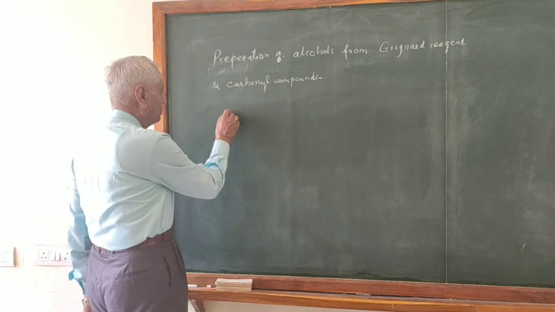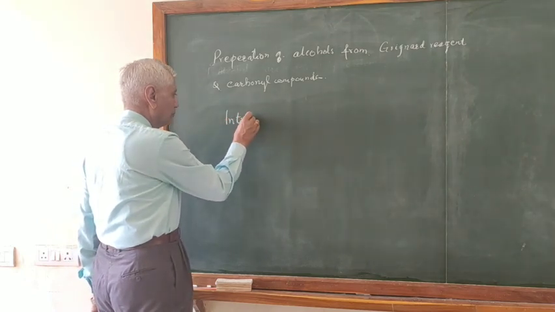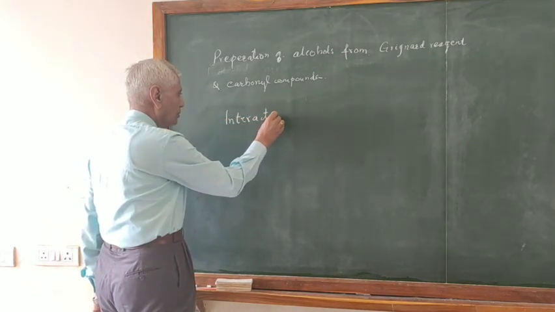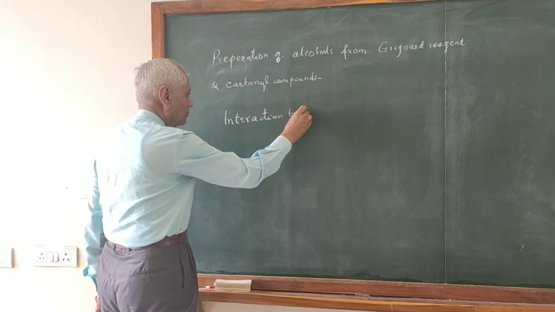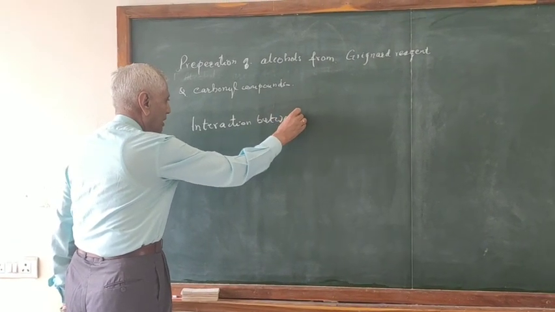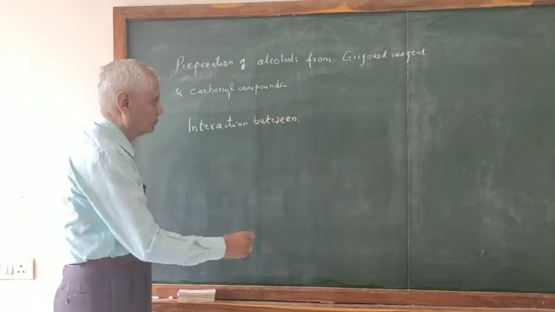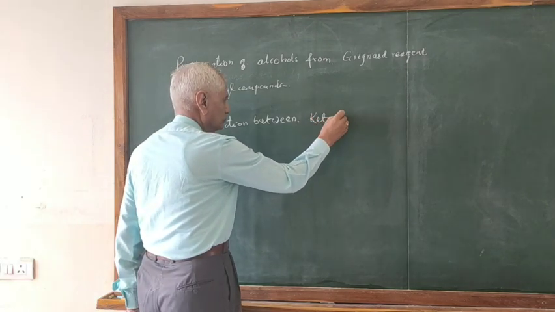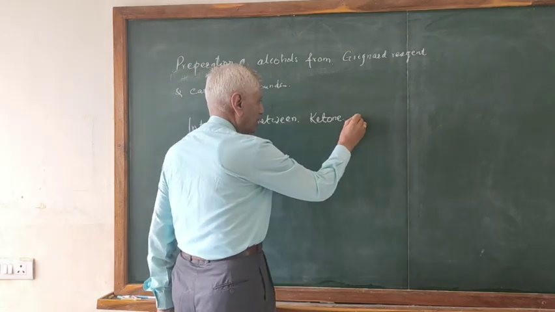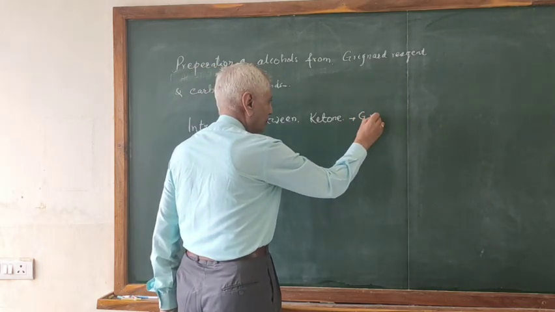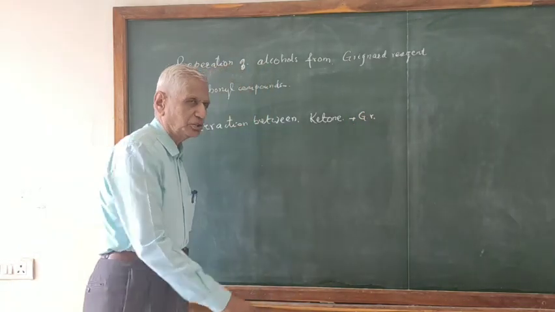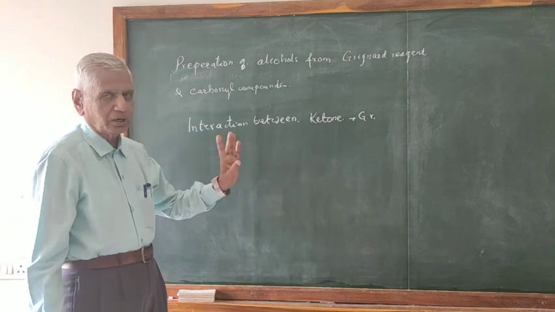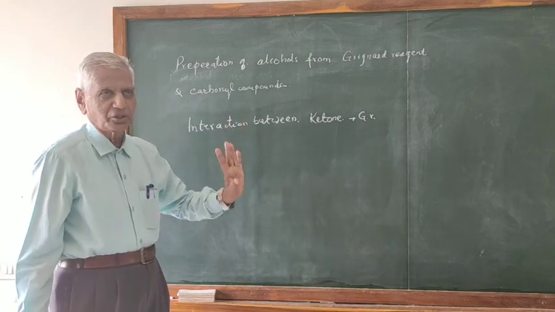So there is interaction between ketone and Grignard's reagent. G stands for Grignard, R stands for reagent. So Gr is Grignard's reagent.